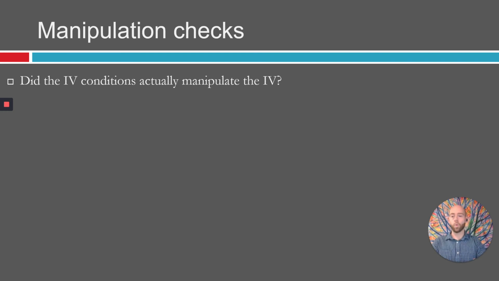So if you try to stress people out, instead of just assuming that your manipulation worked, you might want to ask people after the experience some questions on a stress scale or an anxiety scale, for example, to see if they actually did experience the level of stress or anxiety that you expect.